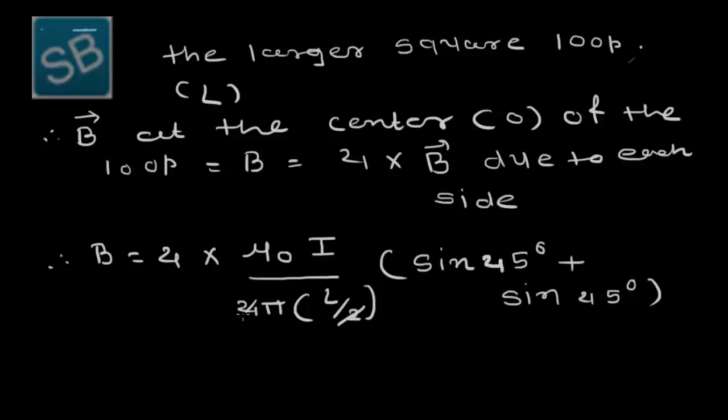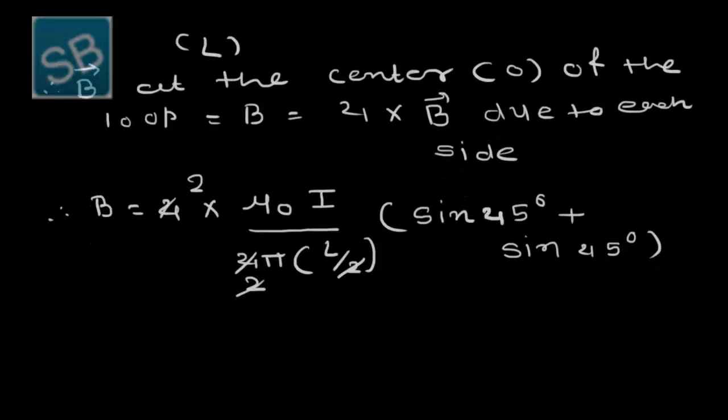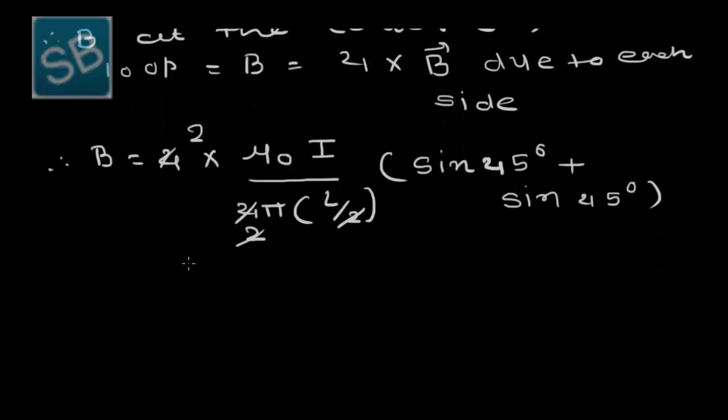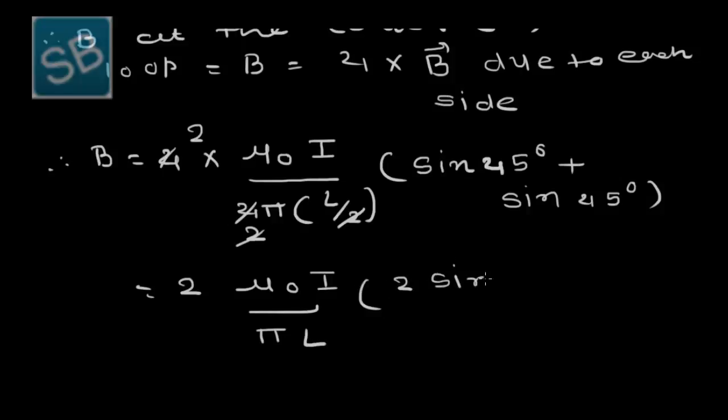So here 2 to the 4, also here 2 to the 4, and if we solve this further, then this is 2 times mu 0 I upon pi L, and this is 2 times sin 45.